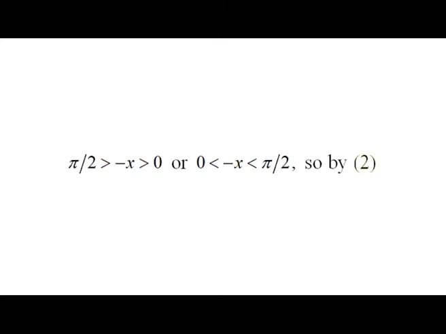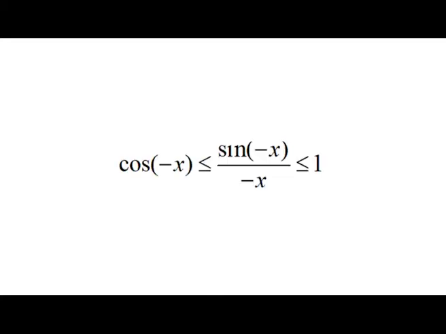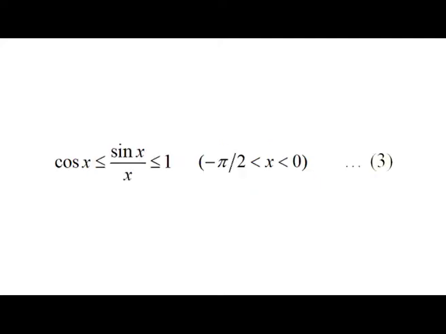So, by equation 2, cos(-x) ≤ sin(-x)/(-x) ≤ 1. That is, cos x ≤ sin x/x ≤ 1 for -π/2 < x < 0, equation 3, since cos(-x) = cos x and sin(-x) = -sin x.